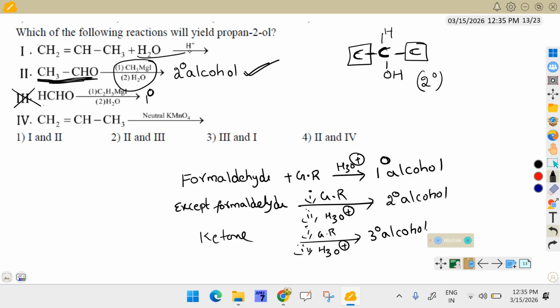Alkenes undergo acidic hydrolysis, following Markovnikov's rule: add the hydrogen atom from H2O to the unsaturated carbon which contains more hydrogens. Then CH3CH(OH)CH3, yes, this is also a 2-degree alcohol. So the first one gives a 2-degree alcohol, and the second one also gives a 2-degree alcohol. So the correct option is the first option.